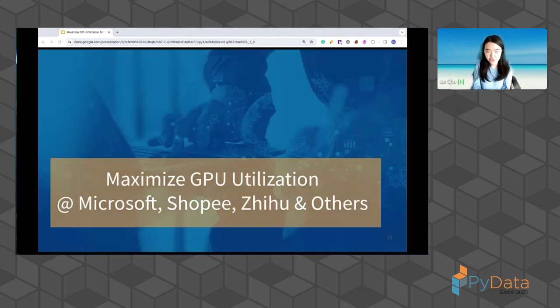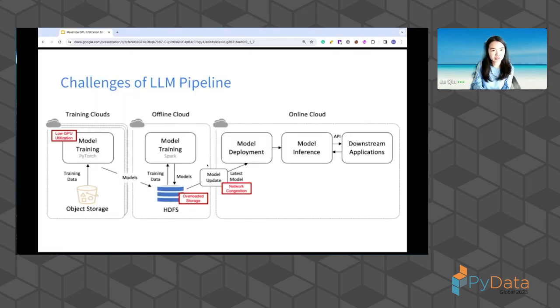And now we are going to share how we actually maximize GPU utilization at Microsoft, Shopee, Zhihu, and many other of our users. This is a typical large language model pipeline that we found many of our users have. They don't have a single cloud. They actually have multiple clouds to prevent cloud vendor lock-in.